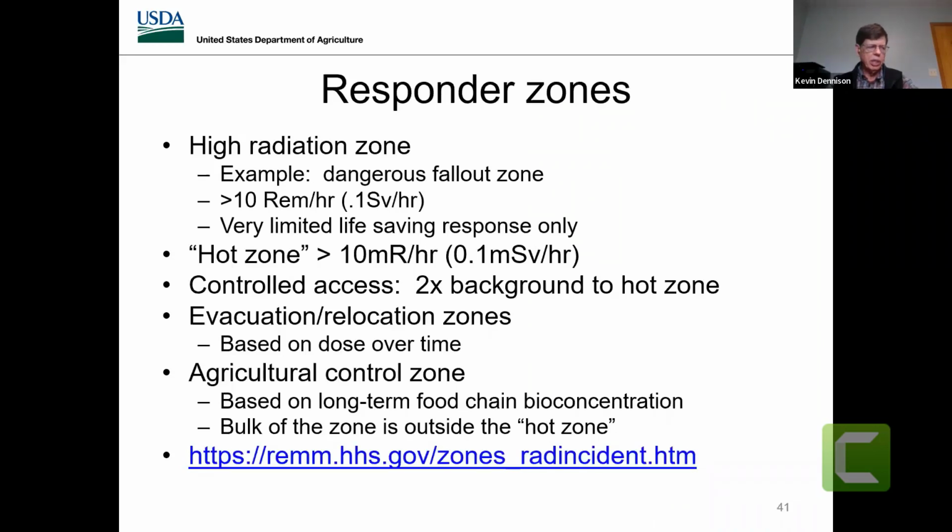Zones, when it comes to exposure, zones are used a lot, and zones can be incredibly confusing in radiological response. If you look at some of the standard definitions, IAEA and the US will apply some of these in some circumstances, but in a lot of the FEMA maps, you'll see something like a dangerous fallout zone, a very high radiation zone of greater than 10 rems per hour.